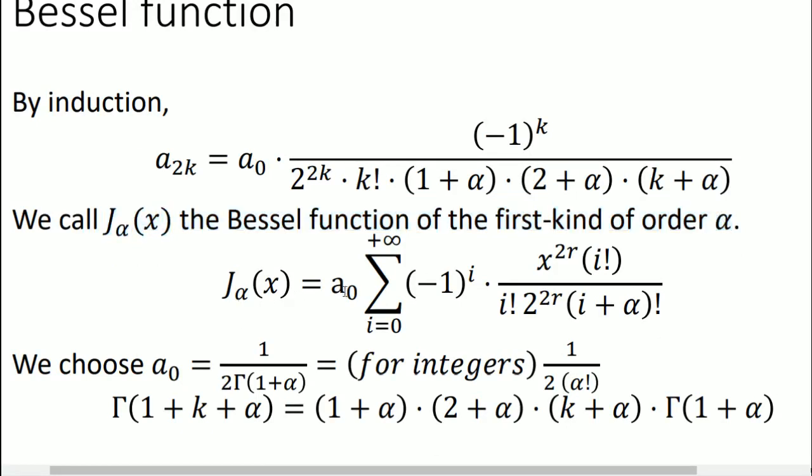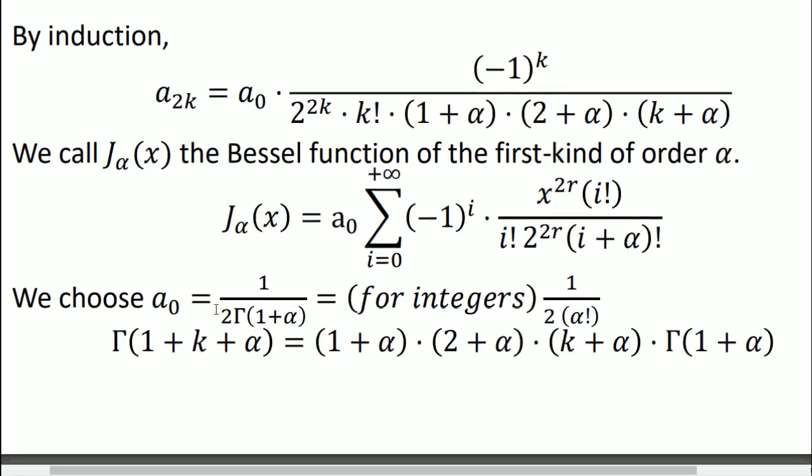J alpha is equal to a0, a certain number, times all of this, and this is a result of doing the recursion.